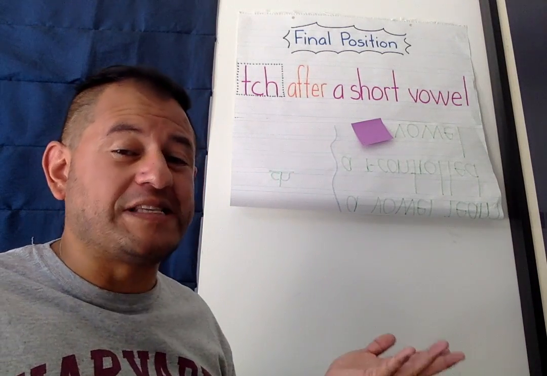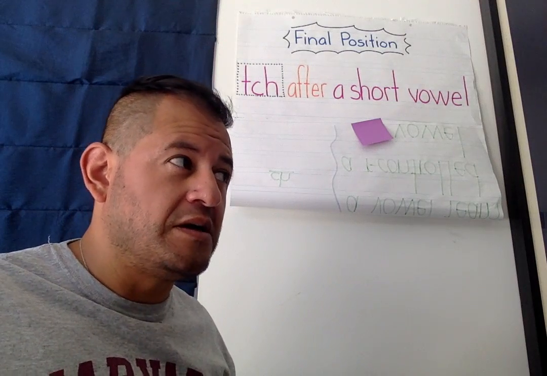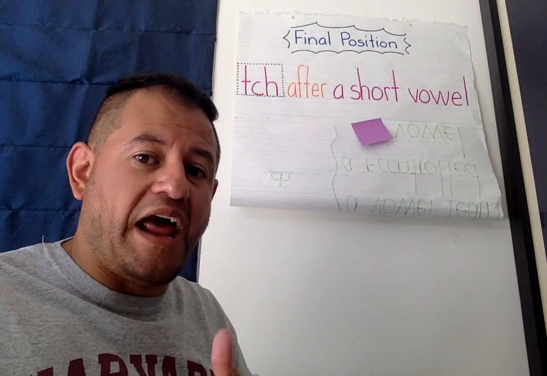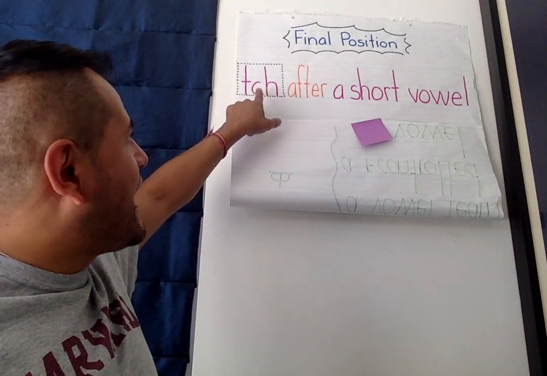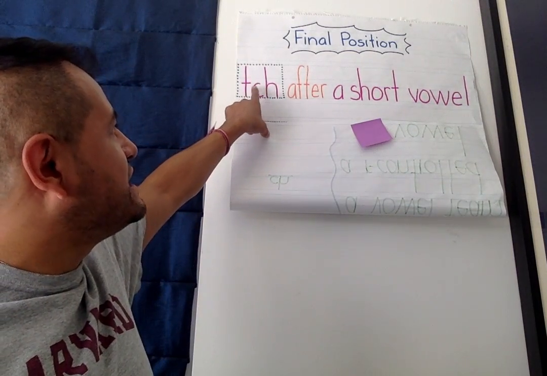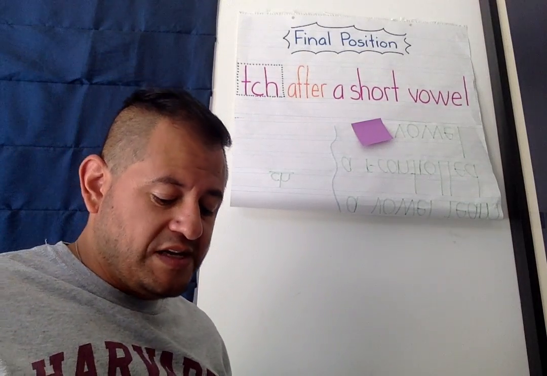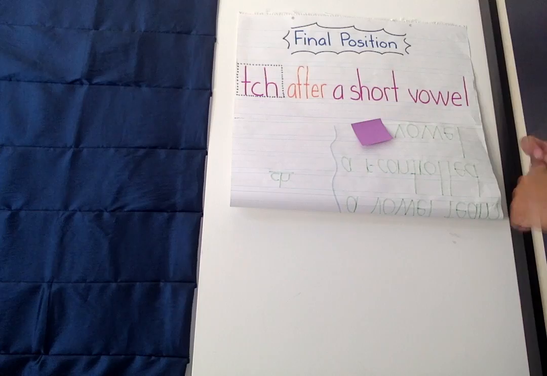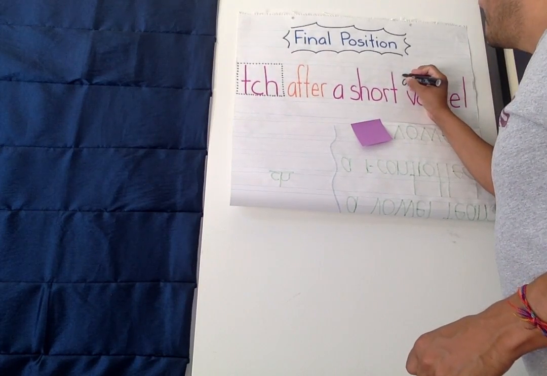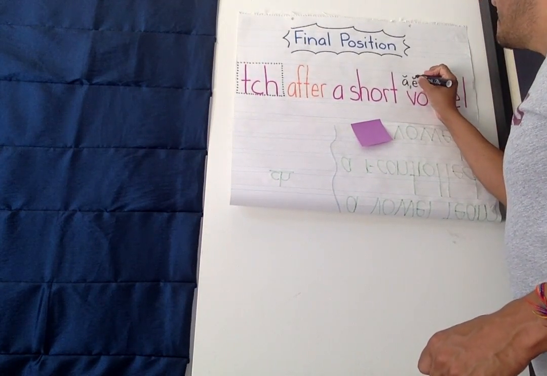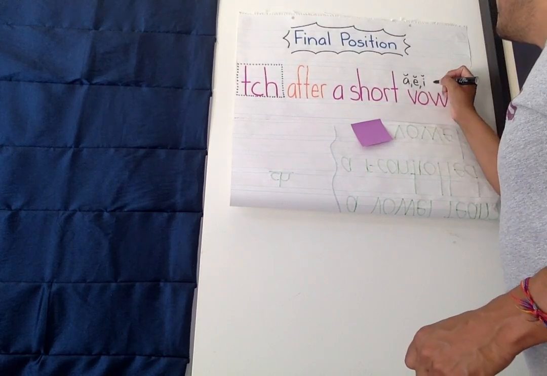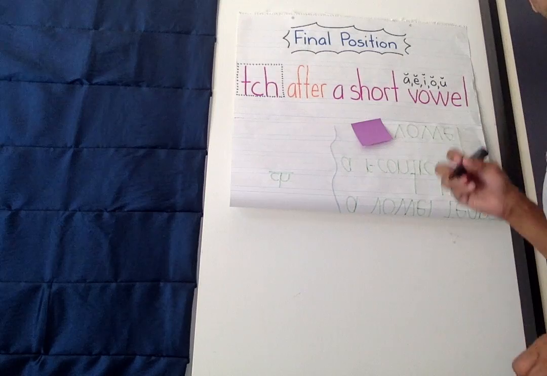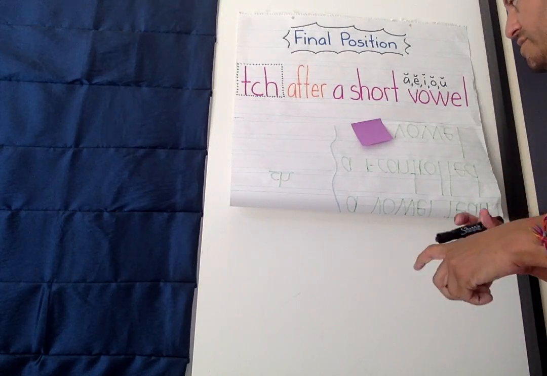If the vowel makes any of those sounds in the word we hear, then when we spell it out, it's going to have the last letters of T, C, H. Okay? So here up top, I'm just going to review our short vowels. We know when it has the smiley face, it's a short vowel sound.